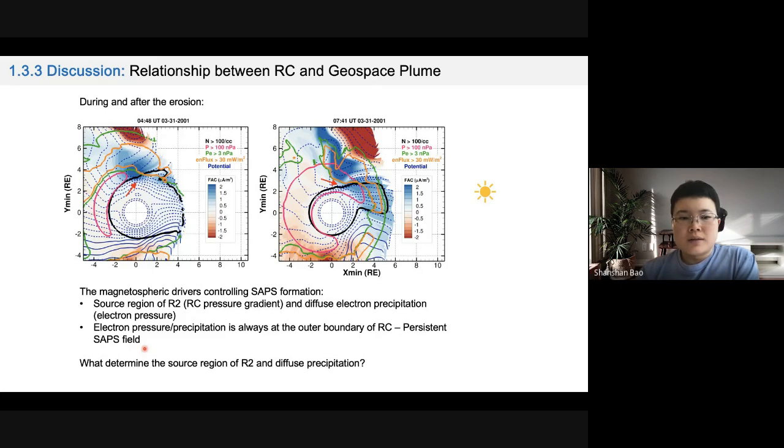So here we can see that the electron pressure or precipitation is always at the outer boundary of the ring current. This will lead to a persistent SAPS electric field that further causes this erosion. So our next question is, what determines the source region of region 2 and the diffuse precipitation?